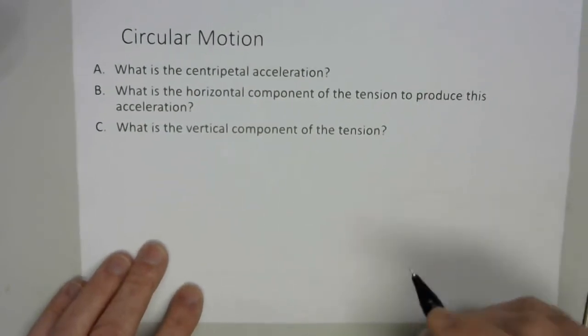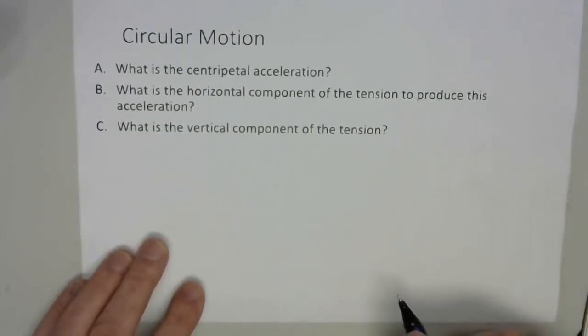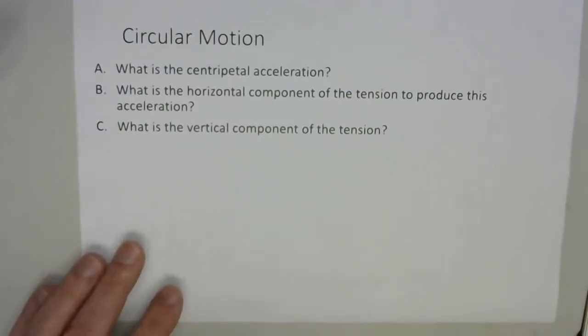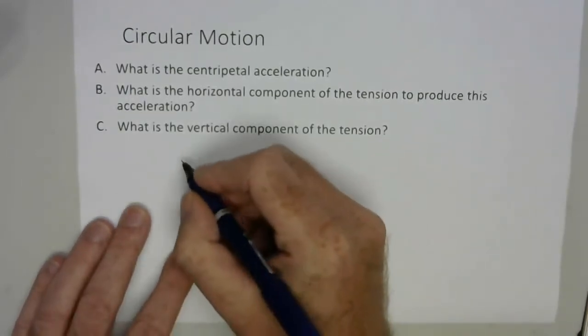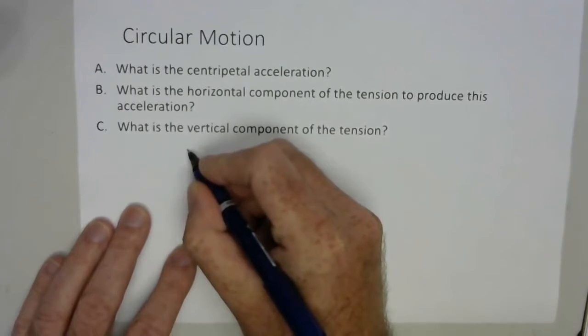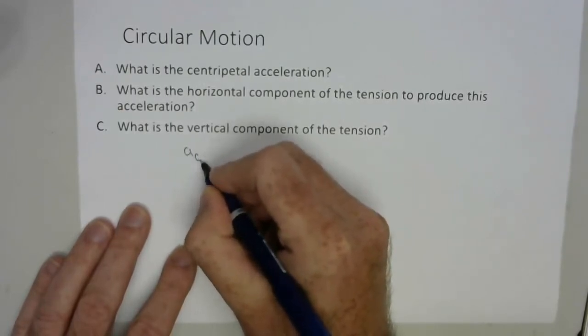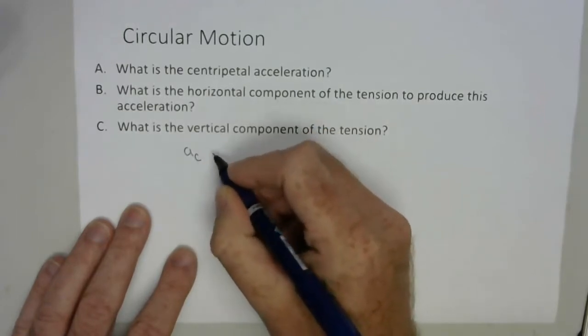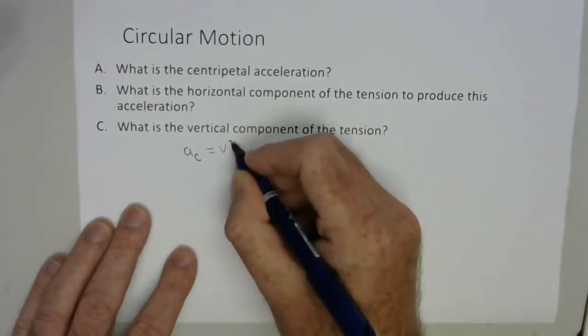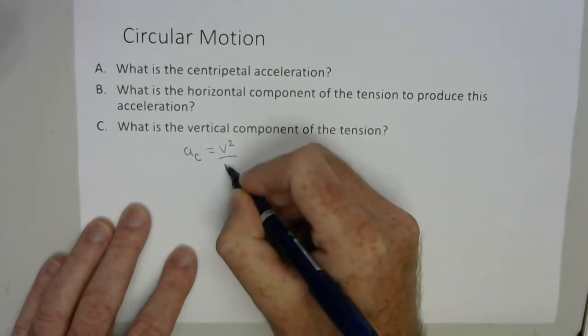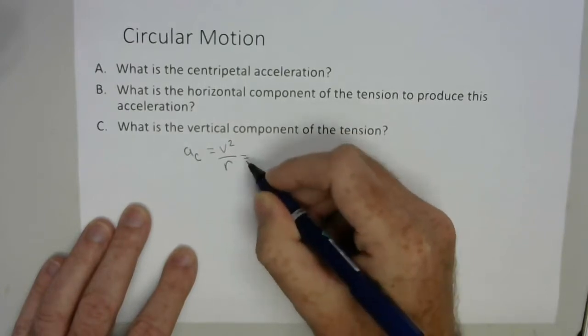So what is the centripetal acceleration? What's our formula for centripetal acceleration? We get our a sub c, because we're dealing with a circle, is equal to v squared divided by r. So what did we say?